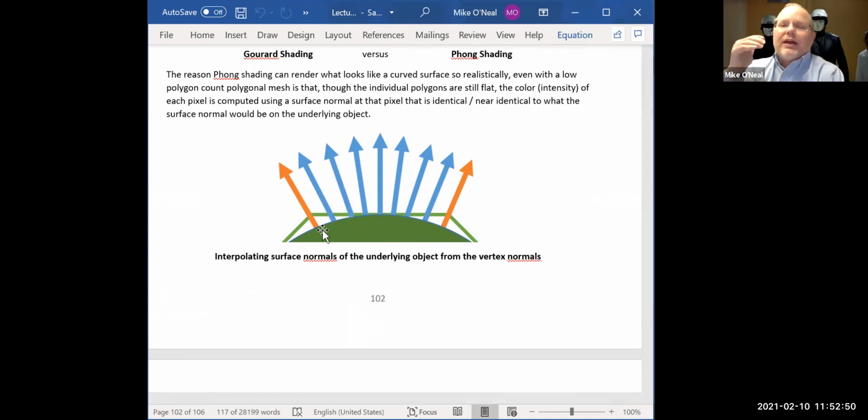Phong says, no, let's not interpolate the colors, let's interpolate the surface normals. So I will get a surface normal for every pixel that I'm going to render, and then right before I paint that pixel, I will do a Phong illumination calculation for that pixel.